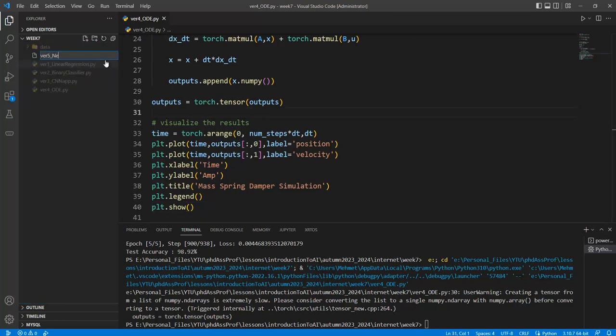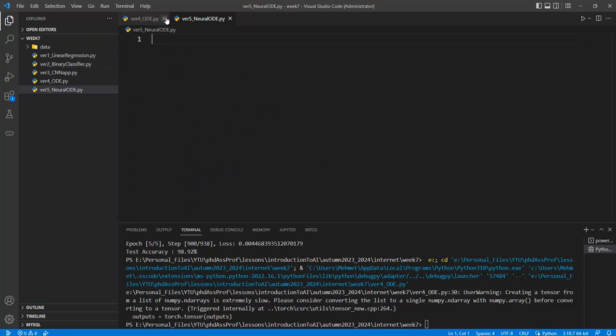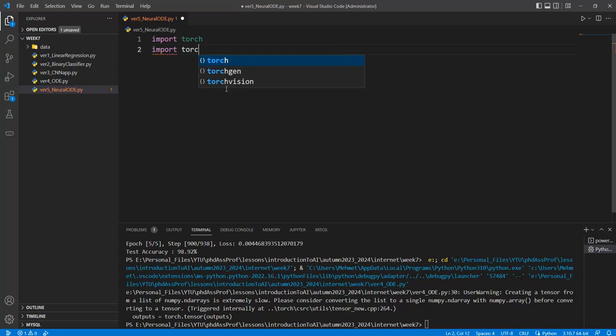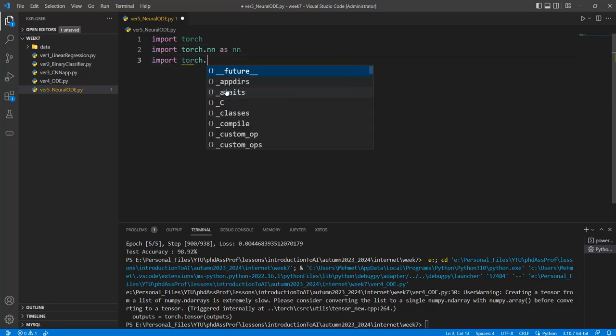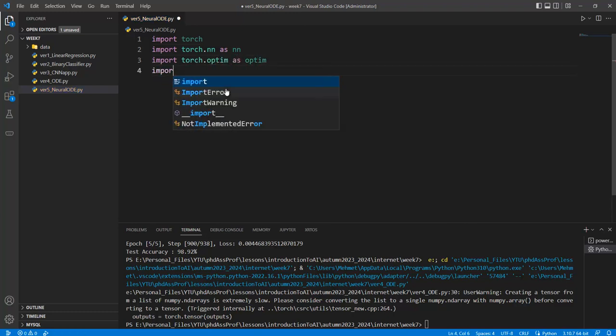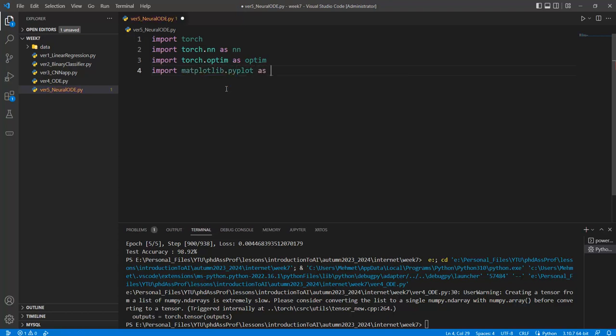Now the file neural_ode.py. Okay, this is the last code. Import torch and import torch.nn as nn, import torch.optim as optim, and import matplotlib.pyplot as plt.